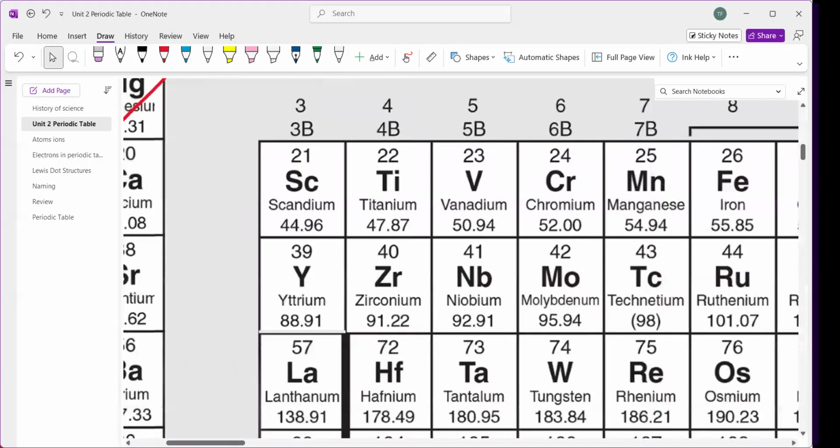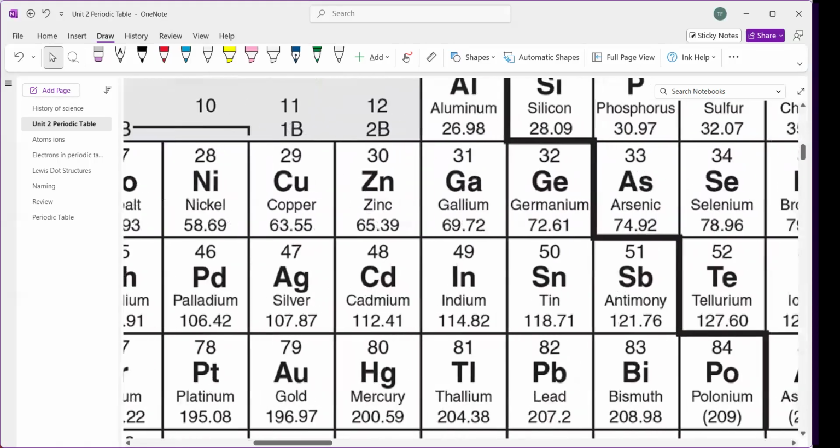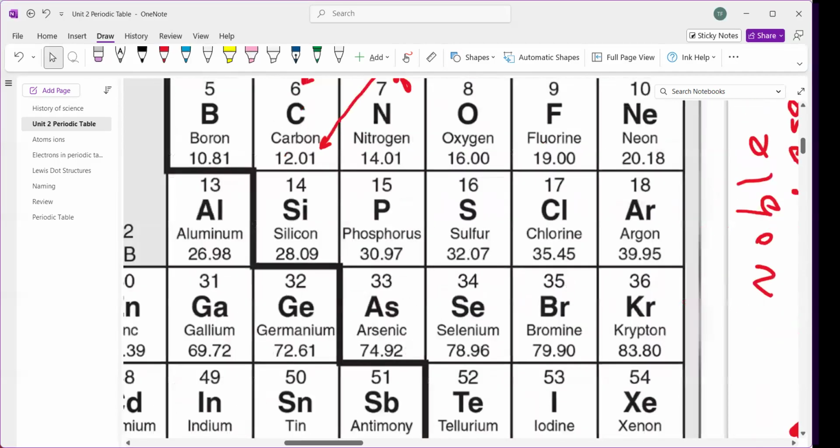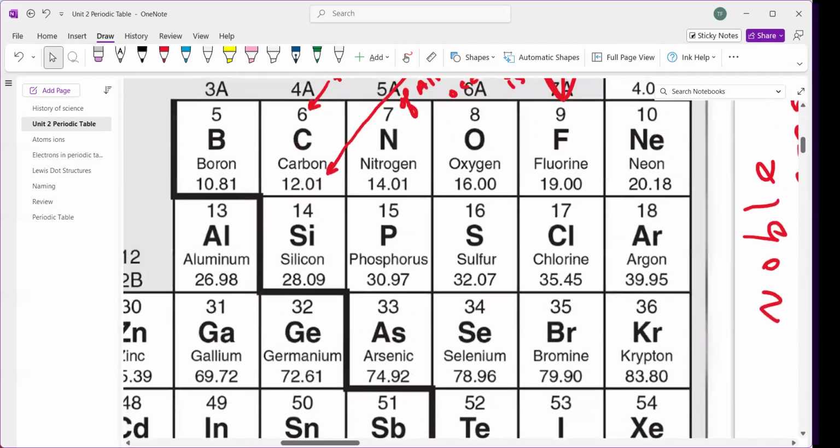Another interesting phenomenon that you know now, because you've taken my chemistry class, is look at carbon. Carbon is the most common element in the body, along with hydrogen. And a lot of your body parts are made of carbon.